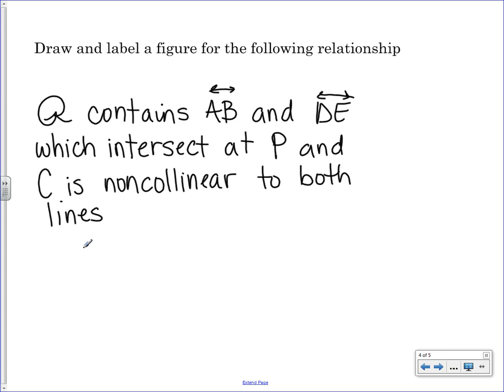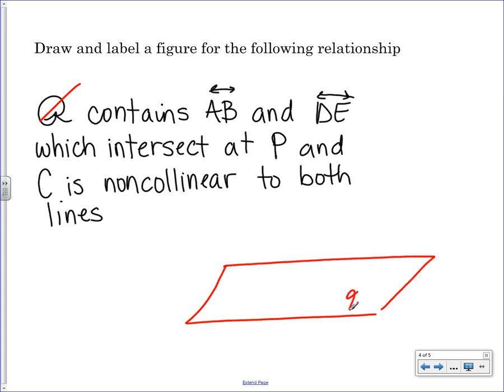So, first thing, let's start with plane R. I'm going to draw a plane and a capital cursive R. That's plane R. Did I have to put the R here? A swoopy R is fine if you don't know how to do it. So basically, if you guys didn't learn cursive, make an R and make it a little swoopy. Probably is fine. I'm okay with that.